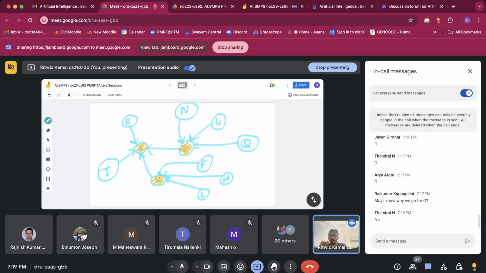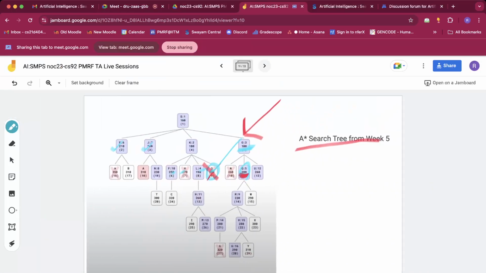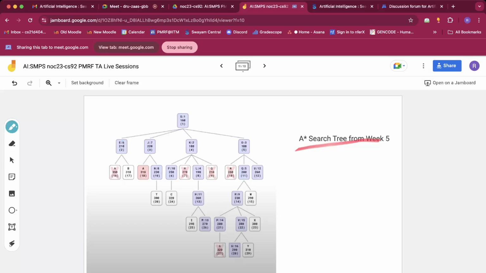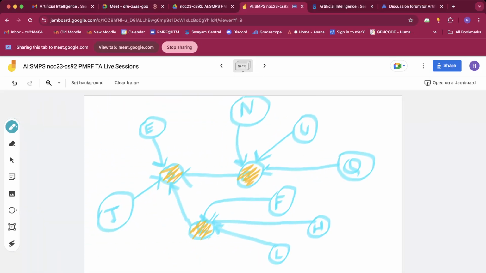Let's proceed then. So after O, which is the node that we are going to inspect? L. That's right. L is the next node to be inspected with the most promising cost of 190. So we will inspect L next. So L is over here.